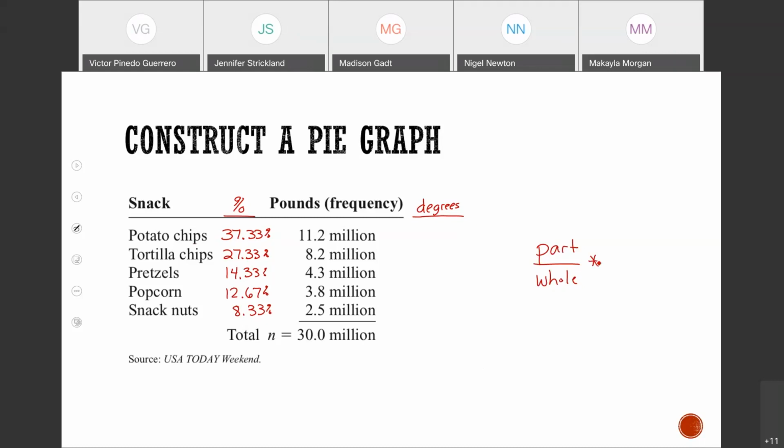Okay, so instead of multiplying by 100, we're going to multiply by 360 if we're converting to degrees, okay? So the part over the whole works the same way. We're going to take the 11.2 for the first one and divide by the 30. And then just instead of multiplying by 100, we'll multiply by 360. All right, and that's going to tell me what part of the circle that I want to allocate for that first class. Good, 134.4.